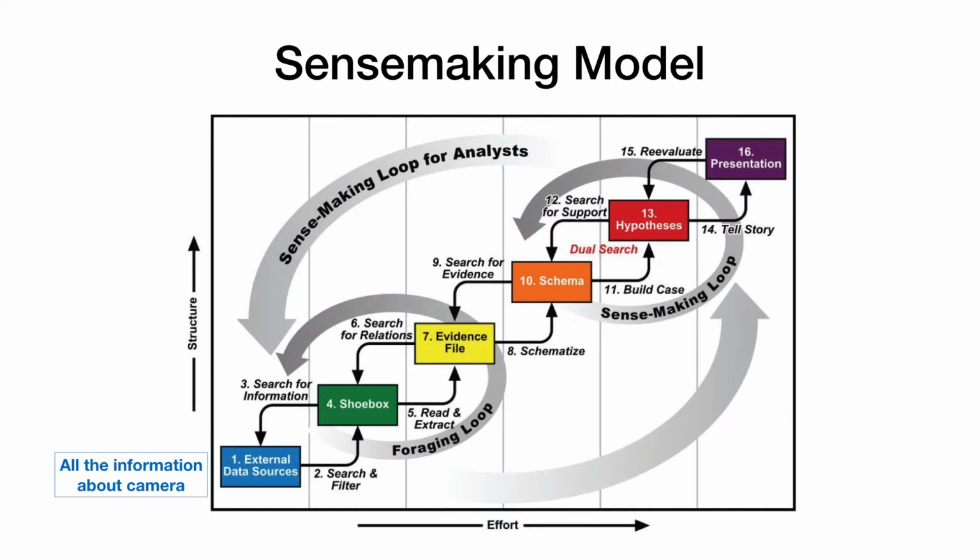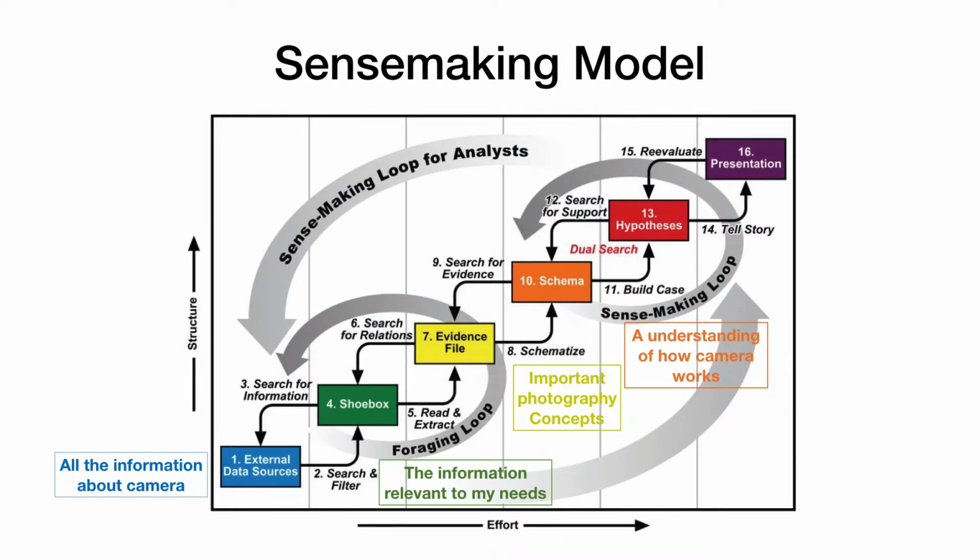Okay, let's again use the digital camera as an example. So the external resources include all the information about cameras. After search and filter, you have the information about cameras relevant to your particular need. After read and extract, you start to understand the concepts or terms related to digital photography or cameras, which are relevant to you.